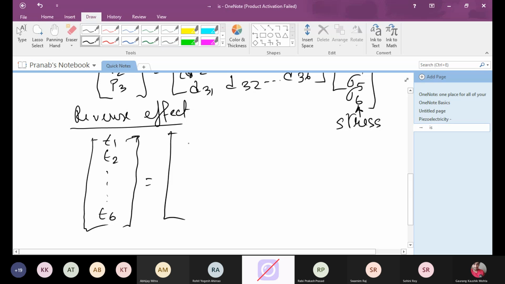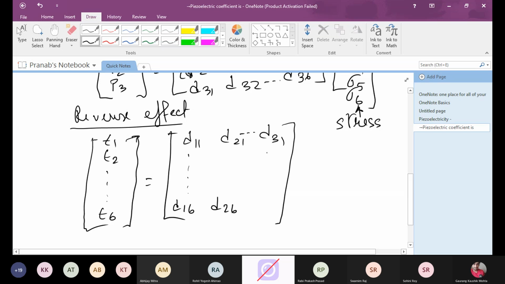So that is D11, D21, D31, D16, D36 into applied electric field E1, E2, E3.